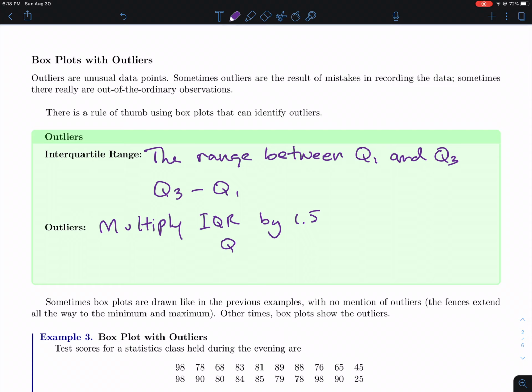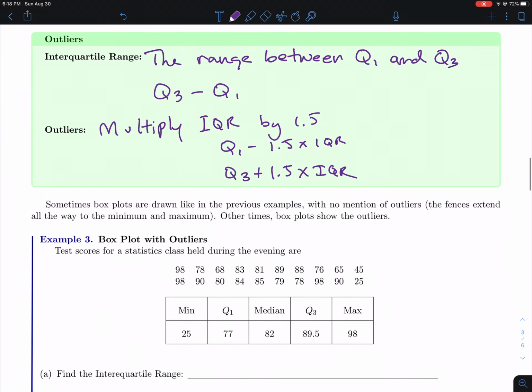So what we're going to get is Q1 minus 1.5 times the IQR, and Q3 plus 1.5 times the IQR. Any data points below the lower value we just calculated would be considered an outlier, and any data that lives above the upper value would be considered an outlier also.